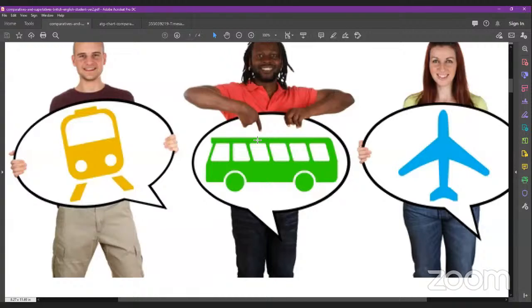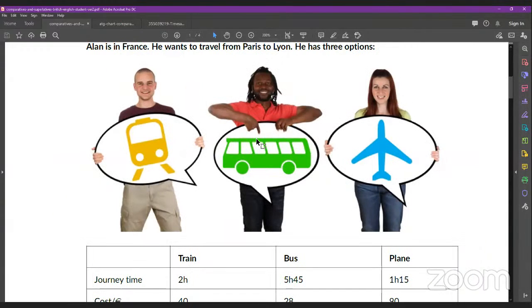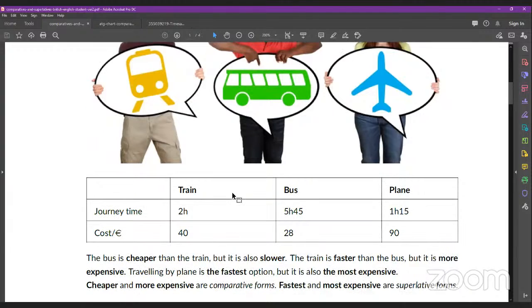So you're going to compare these three means of transportation. There is an example here. What are you going to compare? Very easy. Look, journey time and cost. That's it. Journey time and cost.